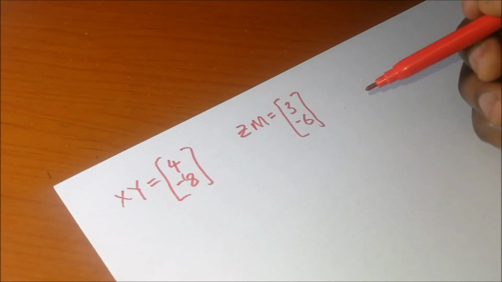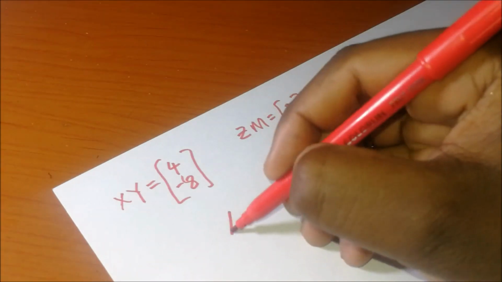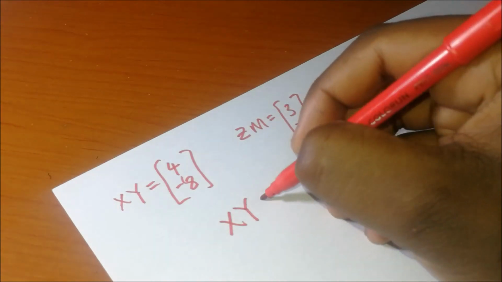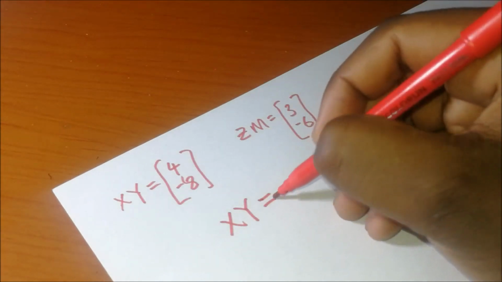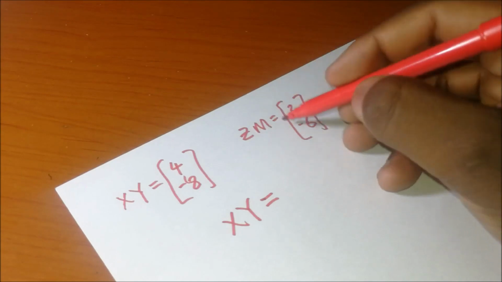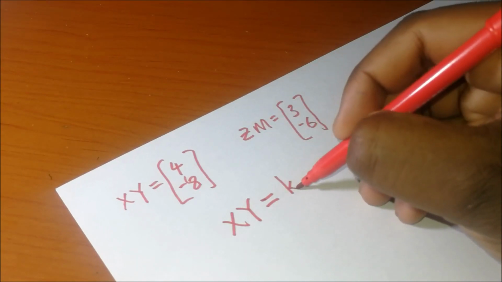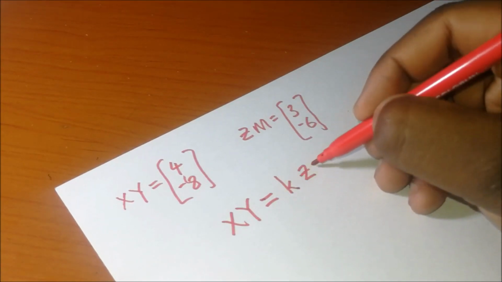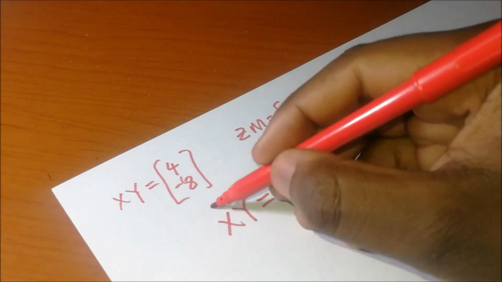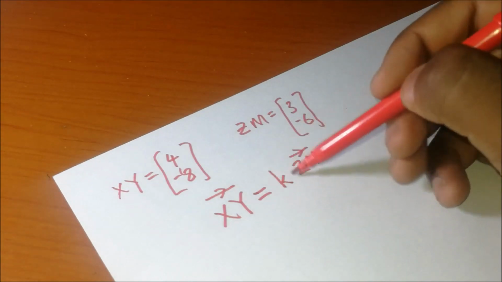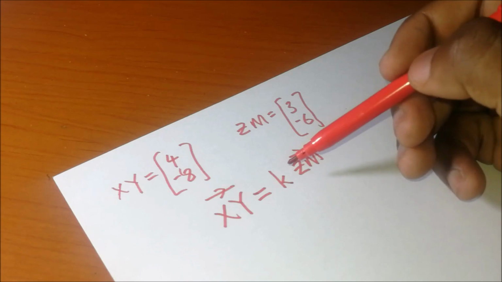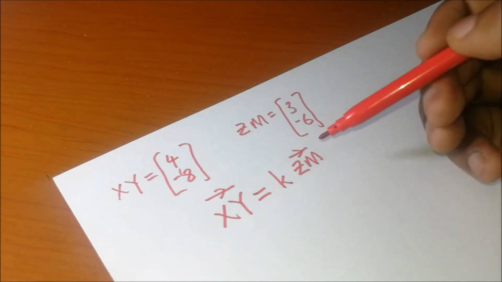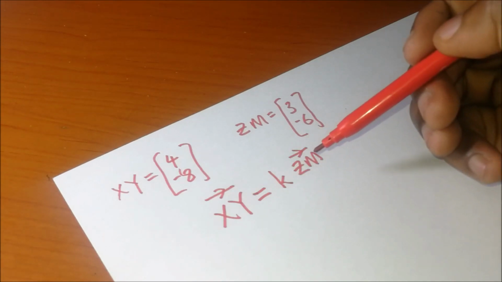To show that those two vectors are parallel, XY is supposed to be equal to a multiple of ZM, a scalar. So in other words, we get our scalar k times ZM. Our job is to find the value of k. If you're able to get the same value of k on top and bottom, then we have proven that these two are indeed parallel.